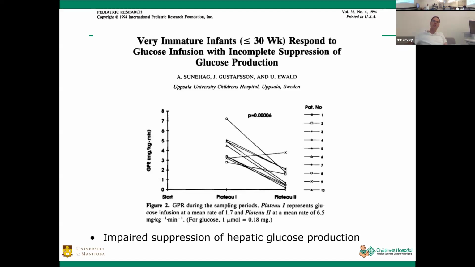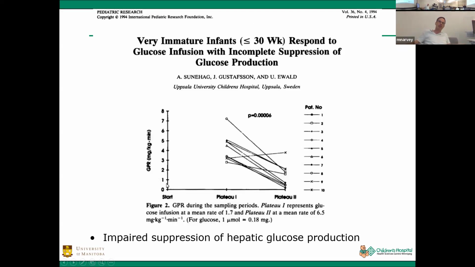And then this was another interesting study that suggested it has everything to do with dysregulation in the liver. So it has to do with hepatic glucose production. So I'll draw your attention, this is from Sweden. I love quoting Sweden. This is an old study from '94. So these were all babies under 30 weeks.